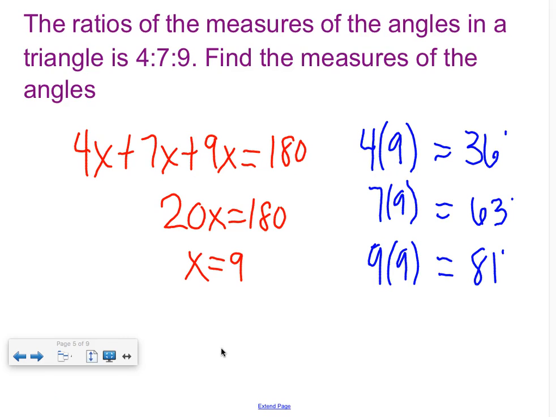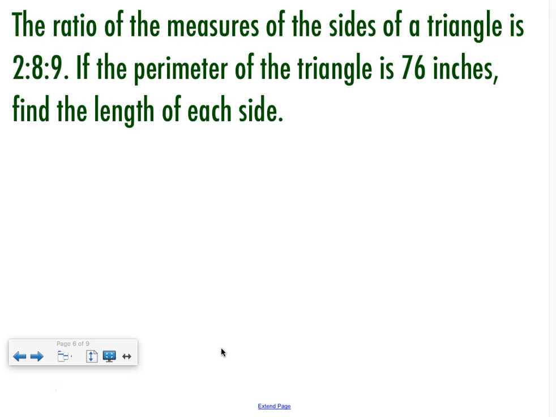Pretty simple, right? Not too bad. Okay, try the next one on your own, see if you get stuck or not. This one's talking about perimeter.